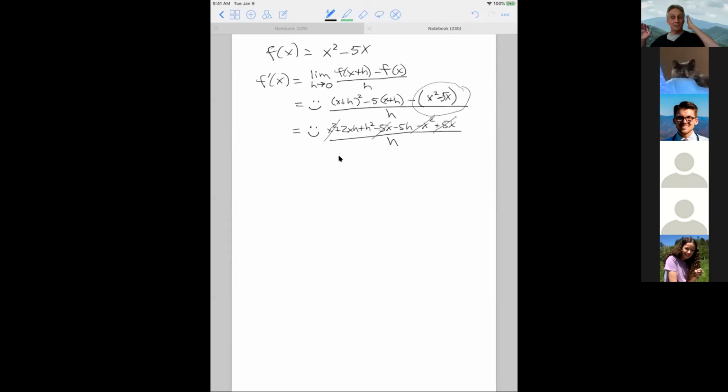It should cancel with something, okay? If it doesn't, something's amiss, and we don't want to be amiss. So now we've got 2xh plus h squared minus 5h over h. Make sure you got everything. There are 3 terms, and they all have an h in them. So now I'm going to go ahead and factor out an h.